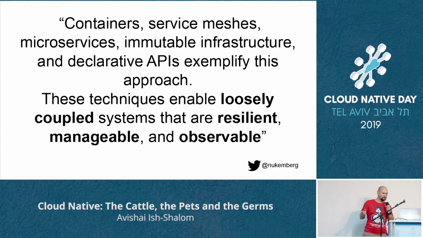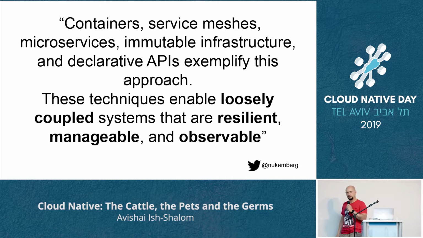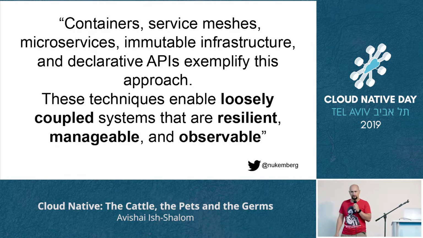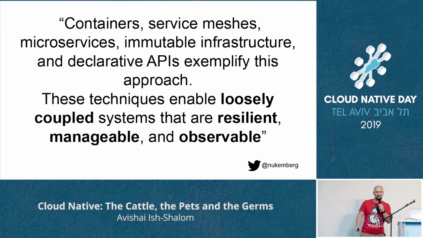But the rest, loosely coupled, resilient, observable, that's new. I mean, no one talked about observable for a very long time. We used to talk about monitoring. Now we're talking about observability, which is slightly different, I guess. So yeah, those are new patterns, and probably they define what Cloud Native is. But we still need to understand what they are and how we got them.